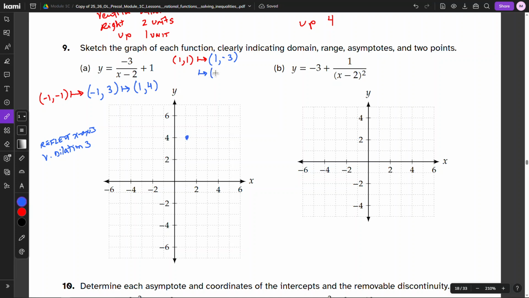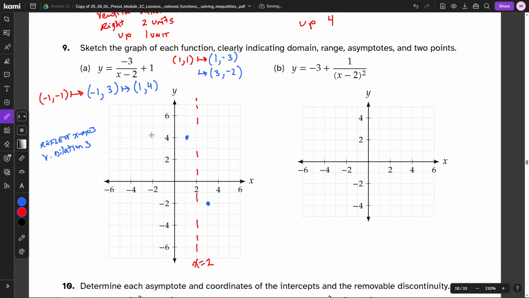Here to the right by 2 units, that's going to put me at 3. Up by 1 unit, that's going to put me at -2. So now I have 3, -2. All right. Asymptotes. I know I have a vertical asymptote at x equals 2. So let's go ahead and draw in that vertical asymptote.